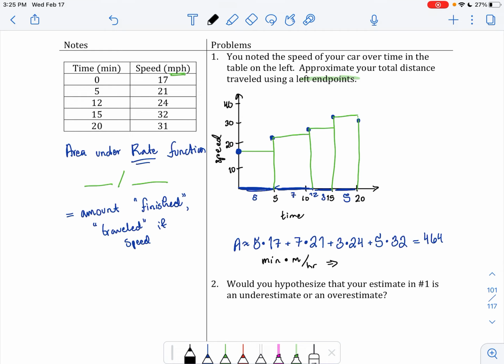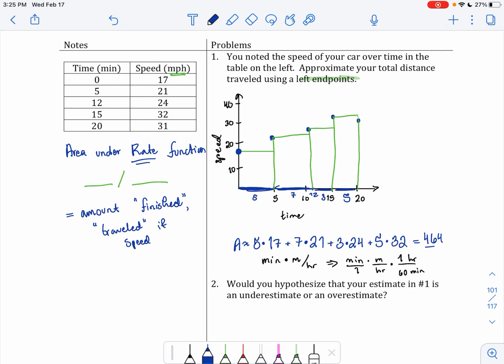So we've got minutes over 1 times miles over hours, and then cancel out minutes in the denominator with 60 minutes, 1 hour.